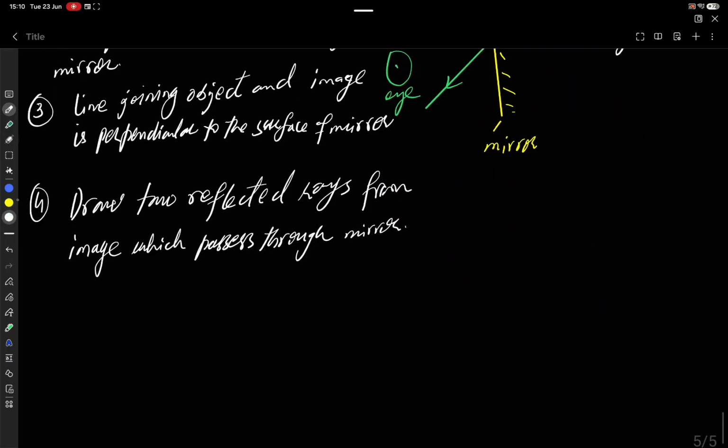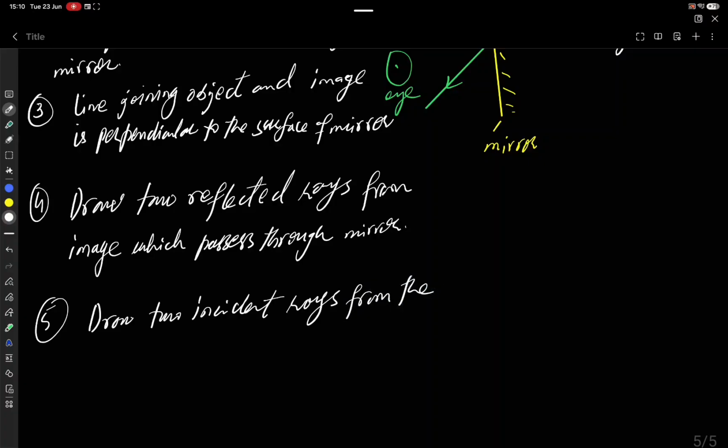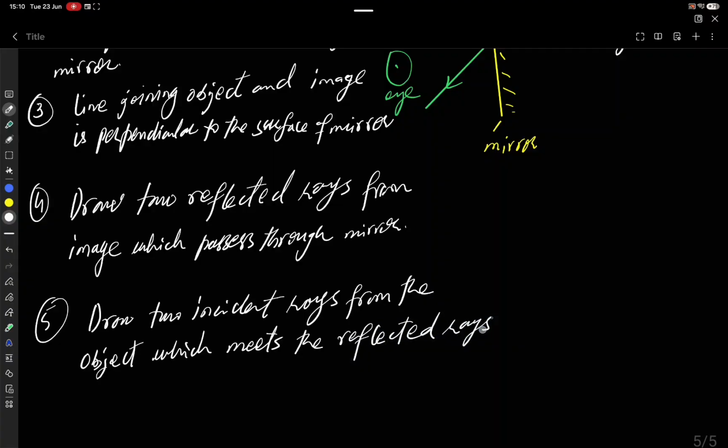So the last point is that draw two incident rays from the object which meet the reflected rays at the mirror.